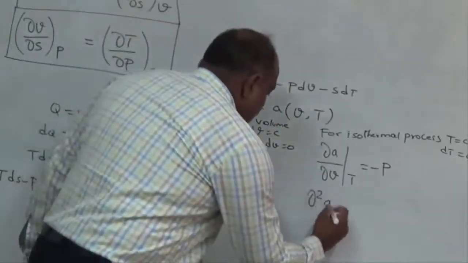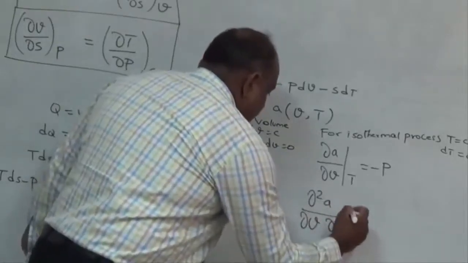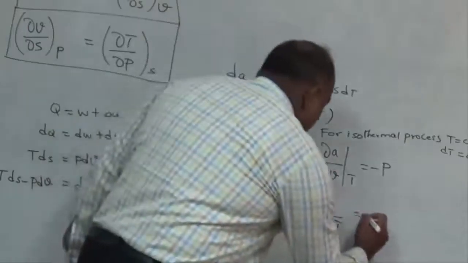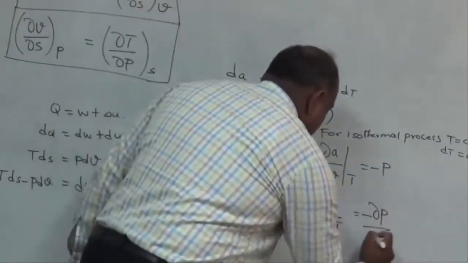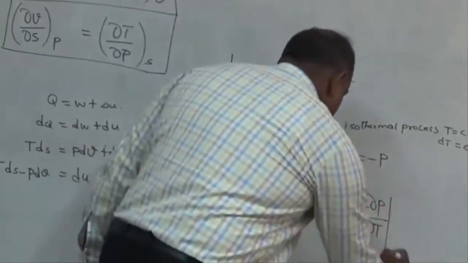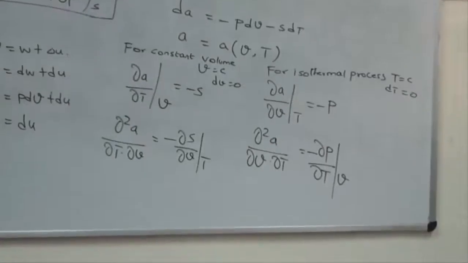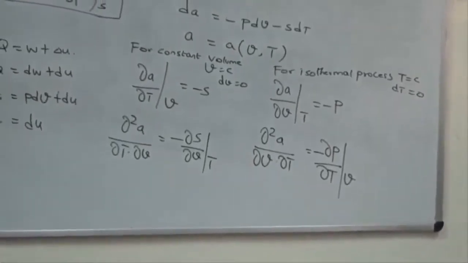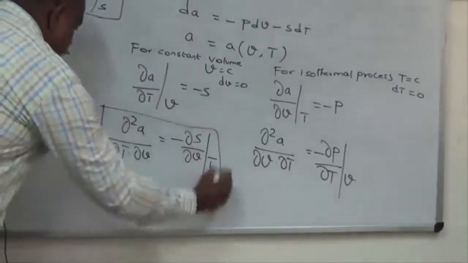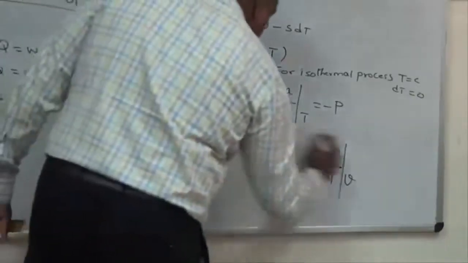Dou square A by dou V dou T will be equal to minus dou P by dou T at a constant volume. As usual, you keep this as equation number 14, this is 15.